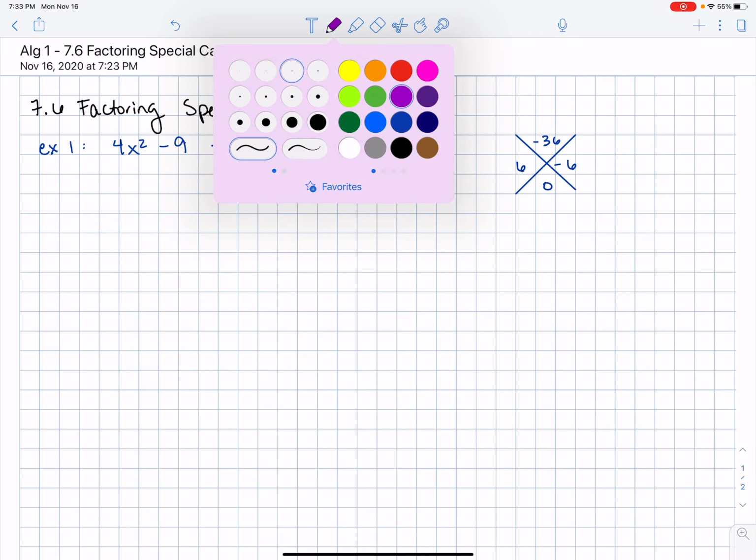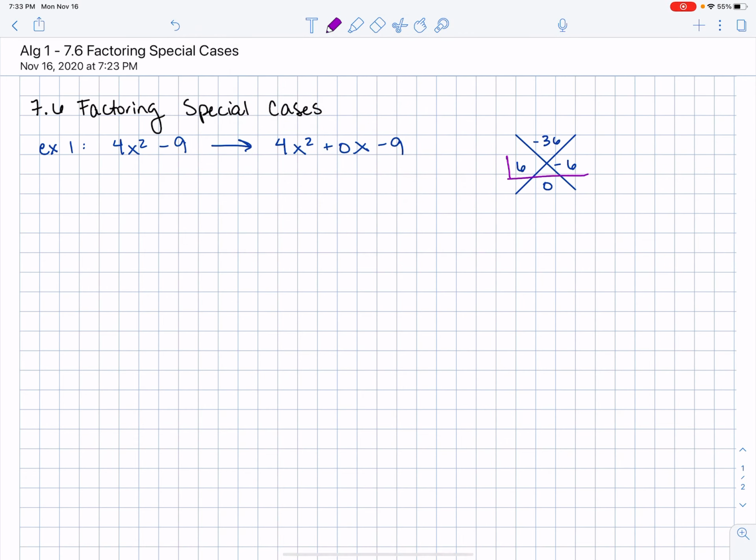And here's the key part: these two numbers are opposites of each other. One's negative and one's positive. Meaning that when we factor these into the two binomials, these two middle terms end up canceling out, adding up to 0x.